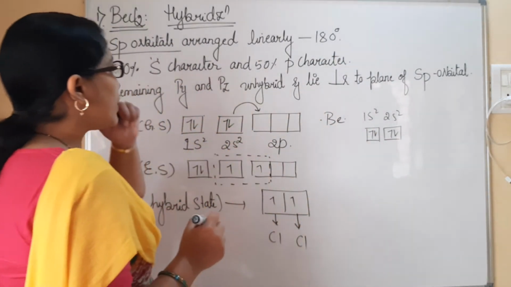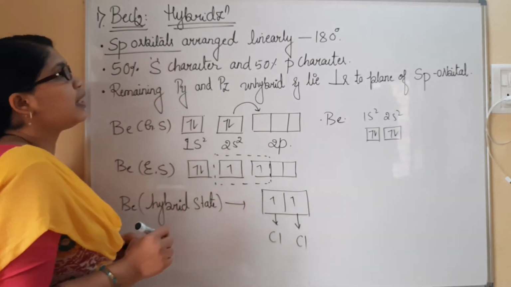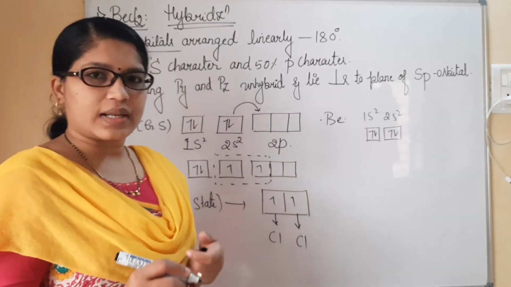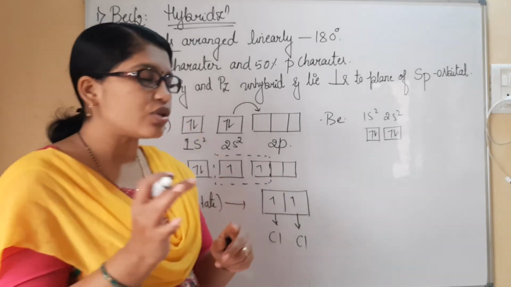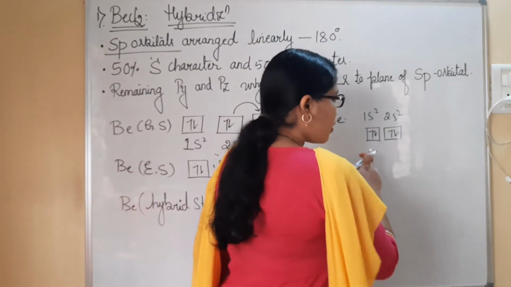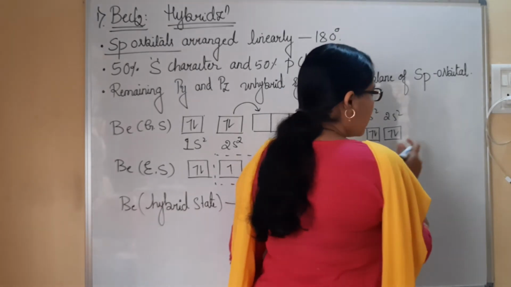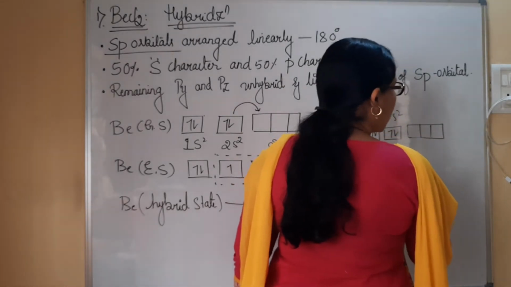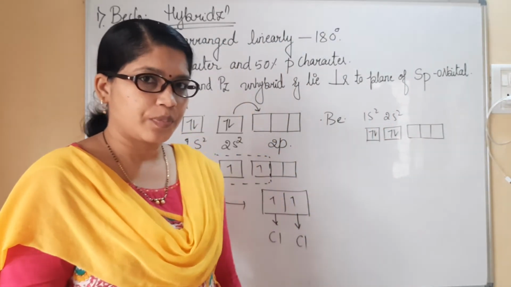What the first point is saying here is that the sp orbitals are linearly arranged. Where is the p orbital here? There is no p orbital. Listen to me very properly. Once we have the 1s and 2s orbitals, definitely we will have a 2p orbital, right? But this 2p orbital that we are considering here is empty, right?